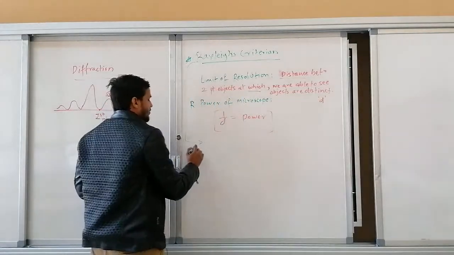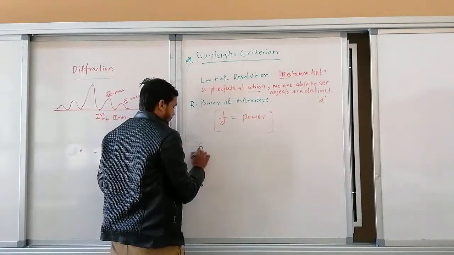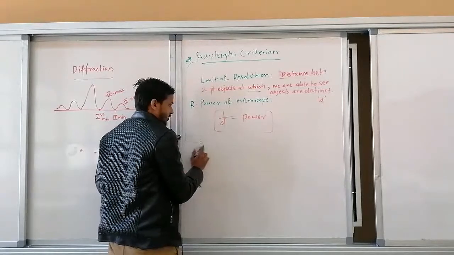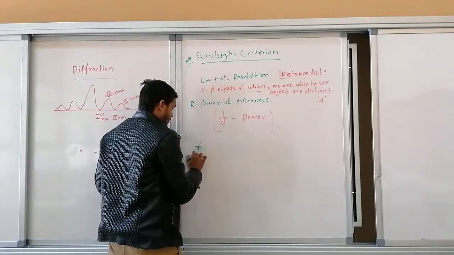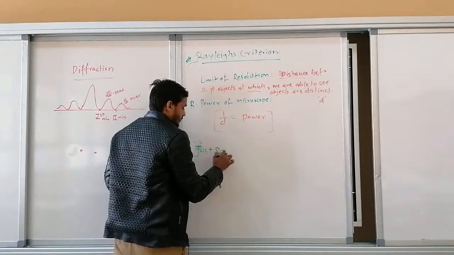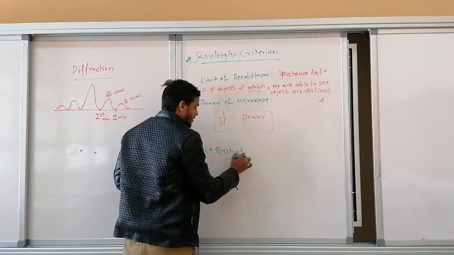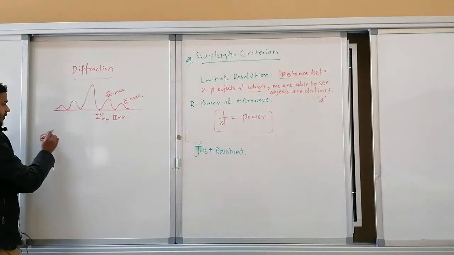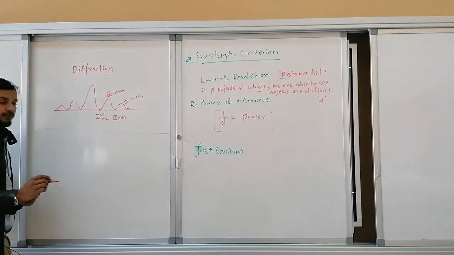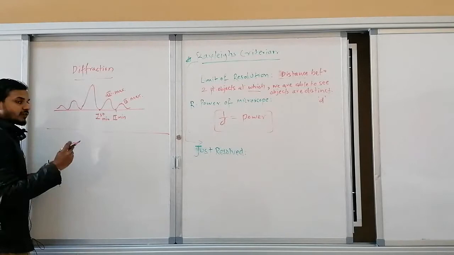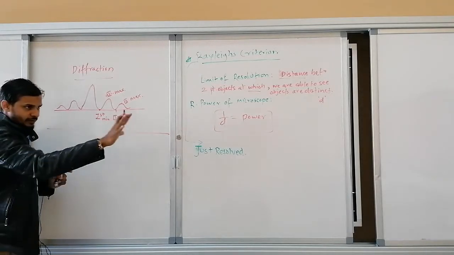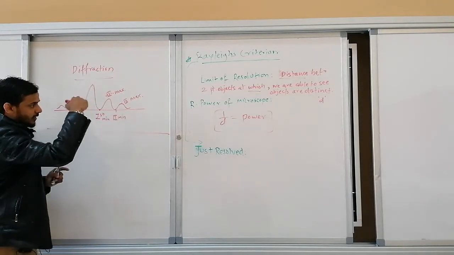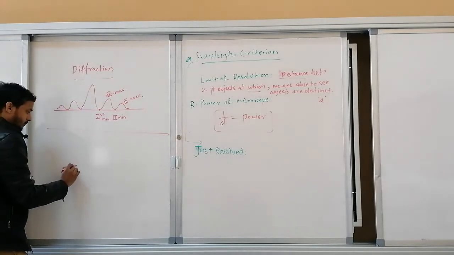Let me see just resolved first. When can you say it is just resolved? For this, you have to understand what I am saying. The first source of light, its first diffraction, that graph is here.